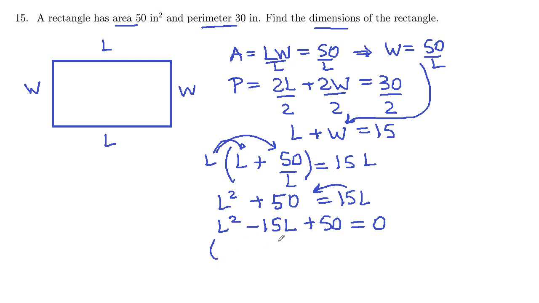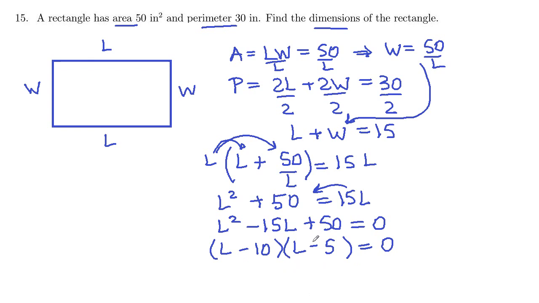So let's try and factor here. So FOIL backwards. L squared has to break up as L and L. And factors of 50 that add up to negative 15. How about negative 10 and negative 5? Right? Negative 5L, negative 10L makes negative 15L.